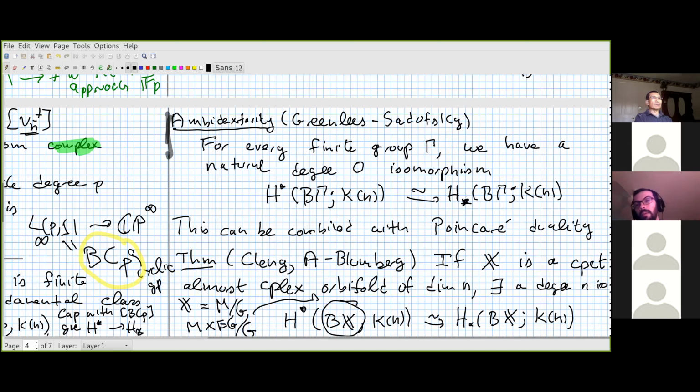Now what I want to say is that this input is basically algebra. You start with Morava K-theory. Somebody has to tell you that it exists and that the line bundle of degree p over CP infinity has this Chern class.